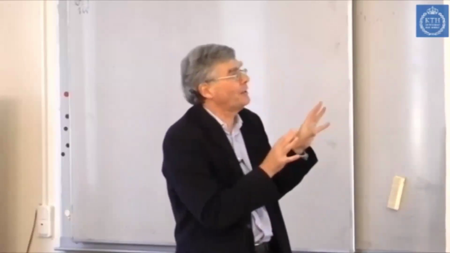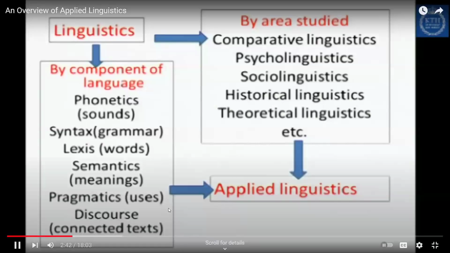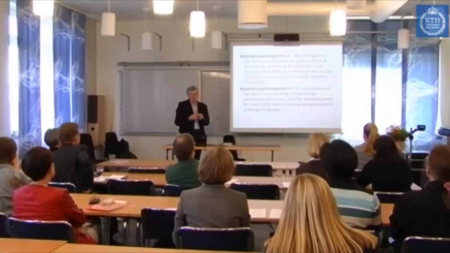And in both respects, we can apply this knowledge. So applied linguistics is the engineering of linguistics. It's taking what the science of linguistics has discovered and applying it. We use the tools of linguistics to solve relatively practical problems. I've got a couple of examples.